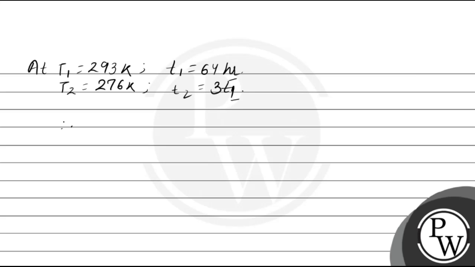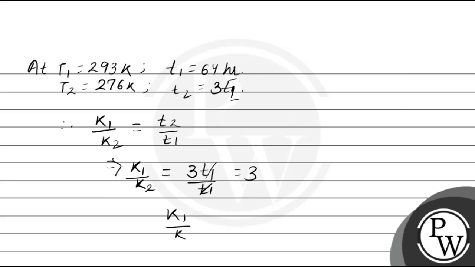So K1 upon K2 is equal to t2 upon t1. That is, K1 upon K2 is equal to 3 t1 upon t1. This means K1 upon K2 is equal to 3.